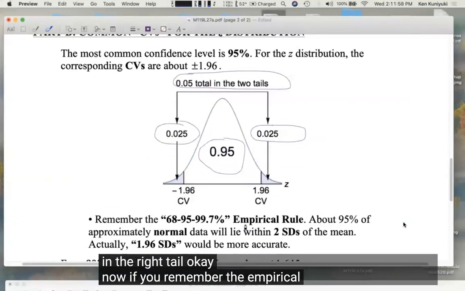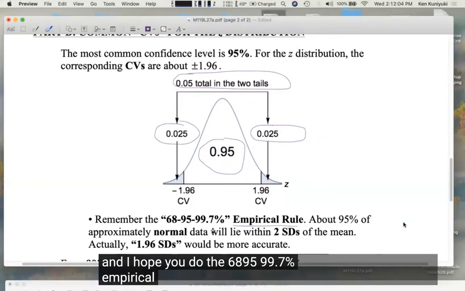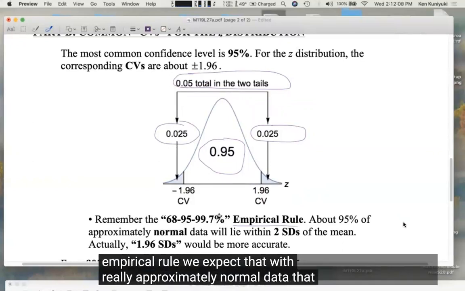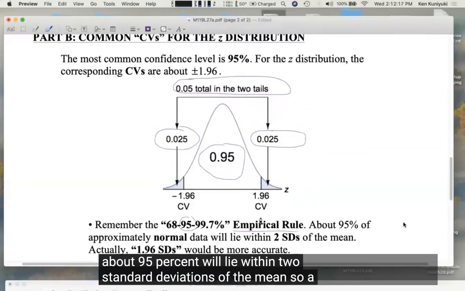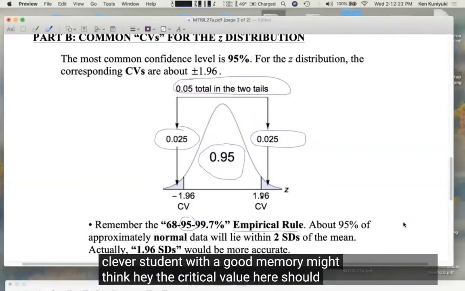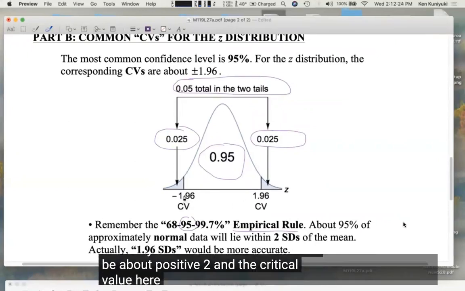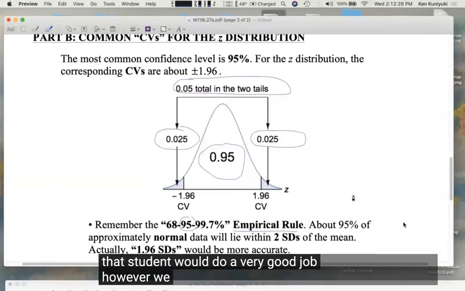Now, if you remember the empirical rule, and I hope you do, the 68, 95, 99.7% empirical rule, we expect that with really approximately normal data, about 95% will lie within 2 standard deviations of the mean. So a clever student with a good memory might think the critical value here should be about +2, and the critical value here would be about -2. And that student would do a very good job. However, we can refine the estimate a bit more because this rule was not super accurate.